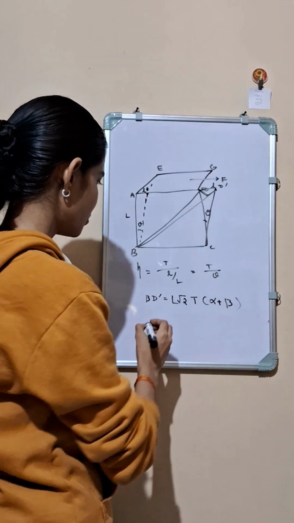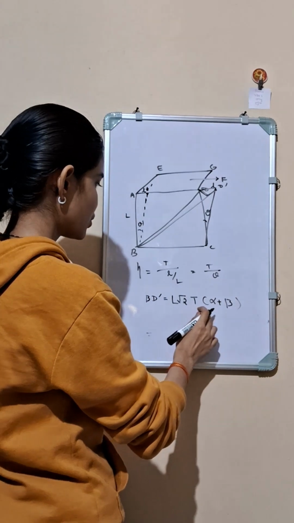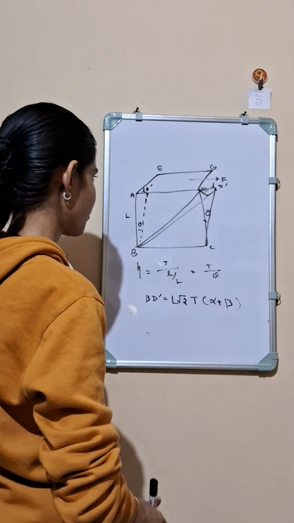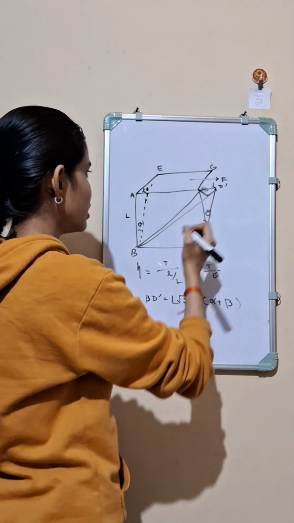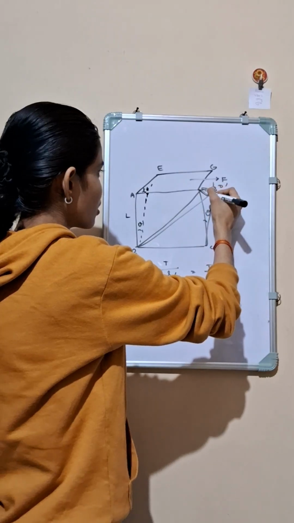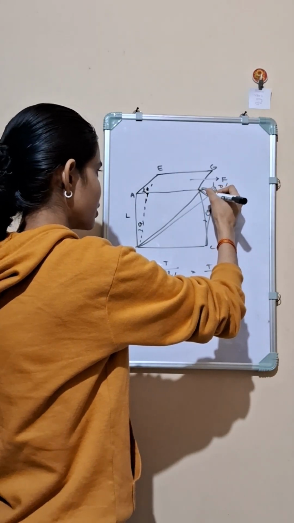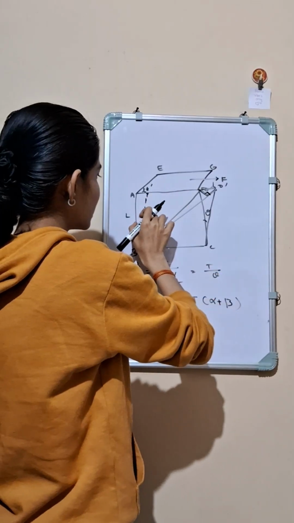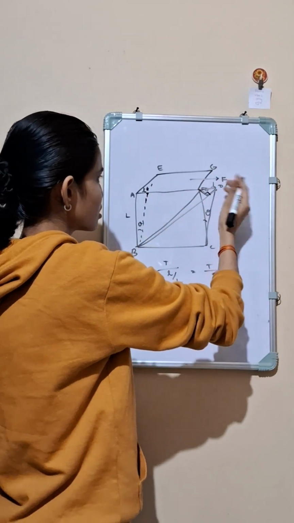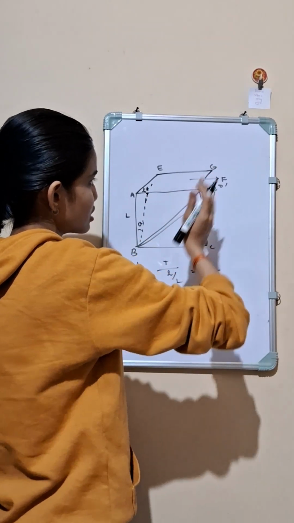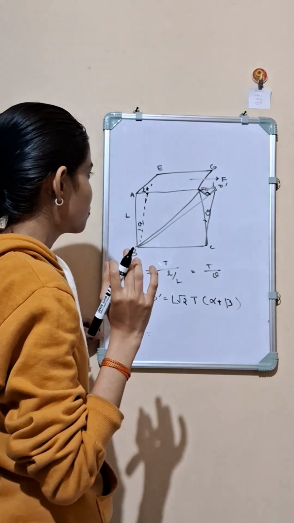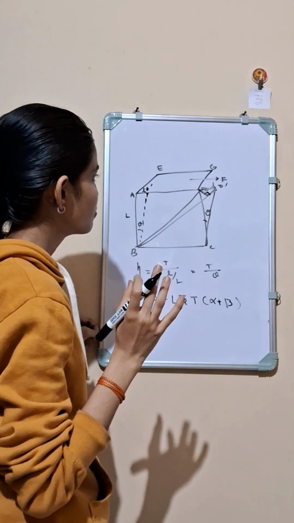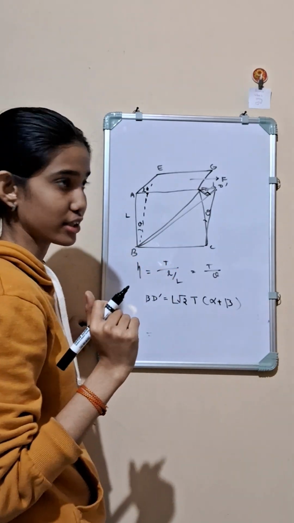So now we have the increase in BD as L root 2 T into alpha plus beta. We know that small l is here. Here I have drawn the perpendicular, and as theta is really very small, we can see it as a right angle isosceles triangle.